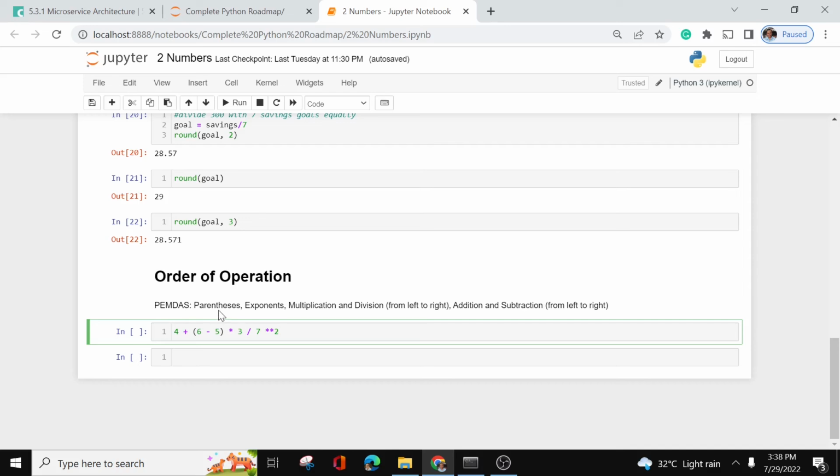So parentheses: that means what will happen first is 6 minus 5, right? Because it's in the parentheses, that becomes 1. And then the exponent: 1 to the 3. And the root of 7 also becomes 7 to the power of 1/2.